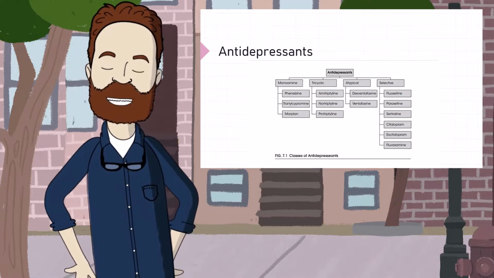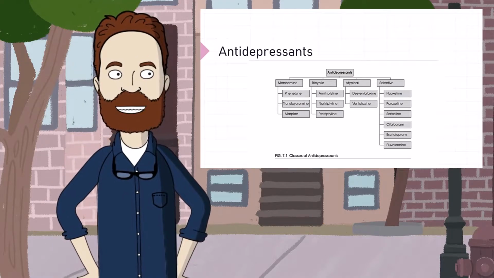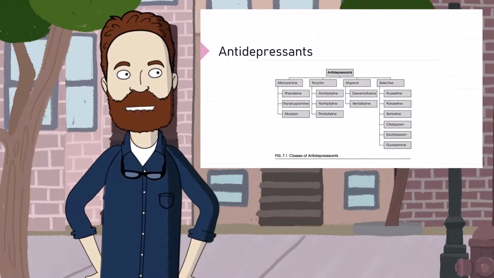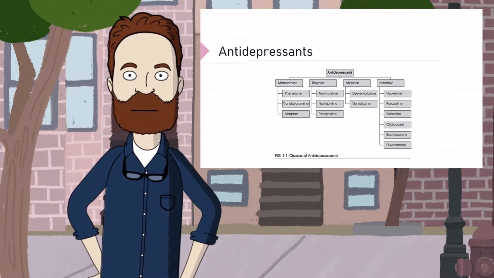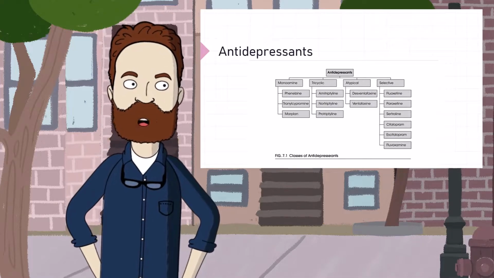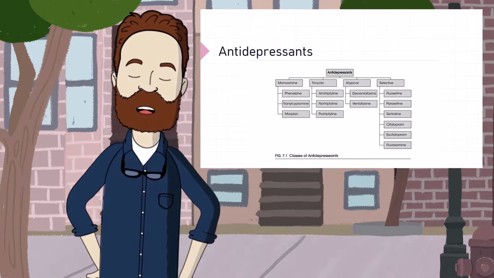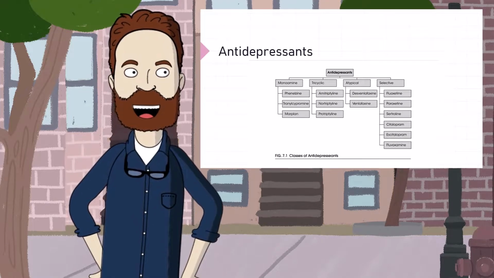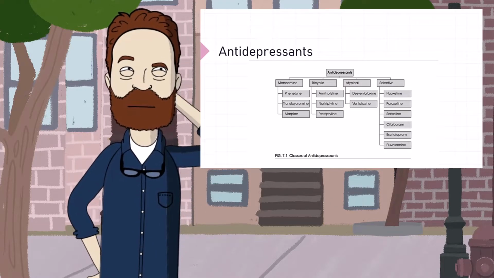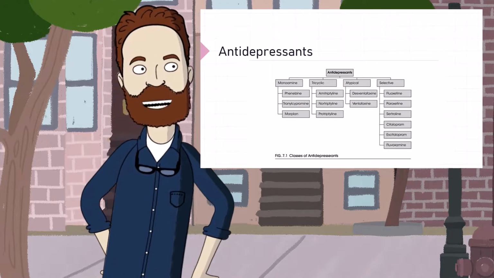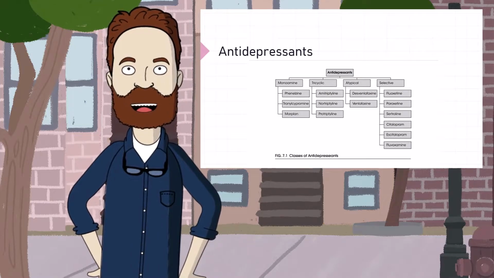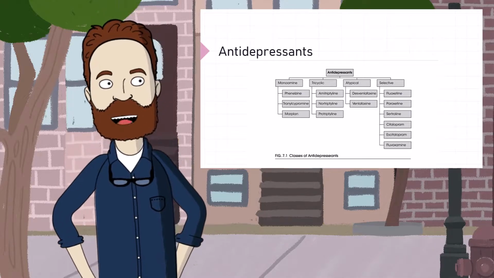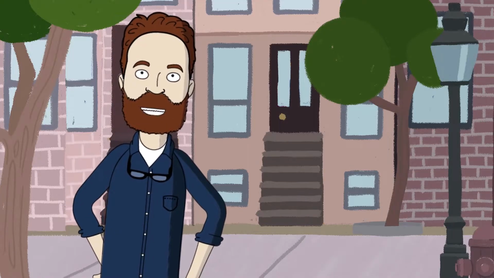But I will tell you this, SSRIs, or selective serotonin reuptake inhibitors, are the primary drug of choice for treating depression, followed by SNRIs, which are a little different. They are serotonin norepinephrine reuptake inhibitors, so they're a little bit newer on the market, followed by tricyclics and MAOIs, which, by the way, are used less frequently because of their potential side effects, especially with certain foods. But we'll talk about that in just one moment.